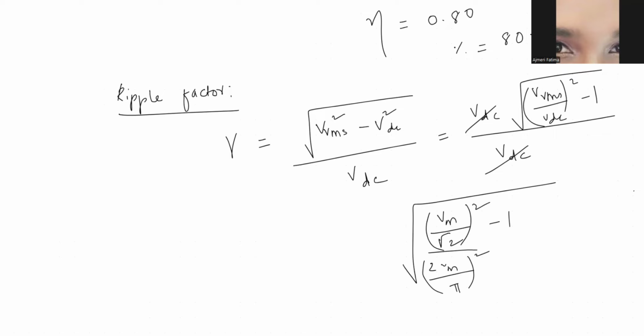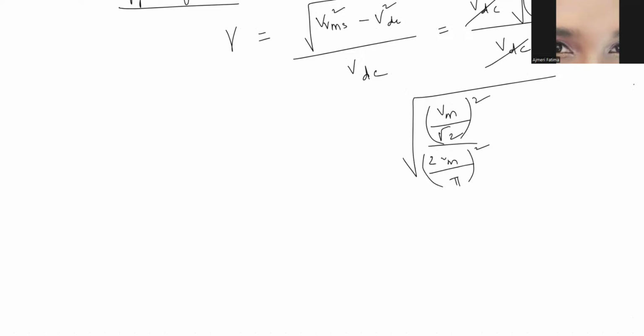So Vm gets cancelled, root 2 root 2, and you'll get under root pi square by 8, and minus 1 will be as it is. If you do this, you'll get 48.2% or something, so 0.482. Gamma, that is the ripple factor, is equal to 0.482.